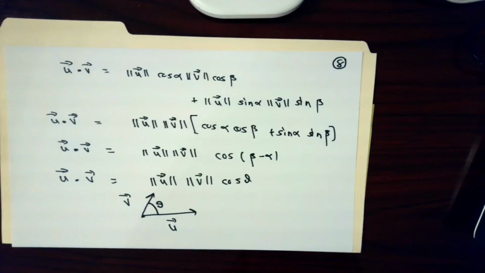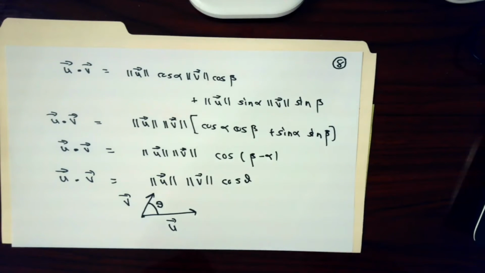There's an old trig identity that says the quantity inside this bracket is the cosine of beta minus alpha, but beta is the angle that v made with respect to the positive x-axis. Alpha was the angle u made with the positive x-axis. Beta minus alpha is the angle between the two vectors u and v, which I'm going to start calling theta. Hopefully this won't cause any confusion with previous uses of the letter theta.